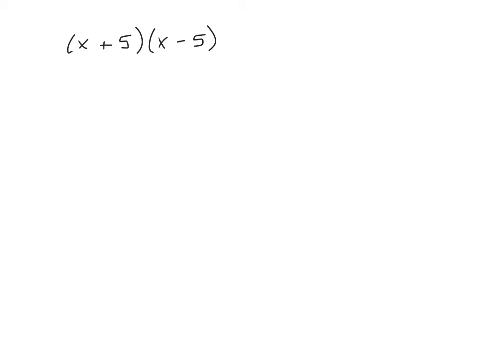So let's distribute the terms of the first binomial through the second binomial. That would mean that we're going to take this x and distribute it through, and then we take the 5 and distribute it through.